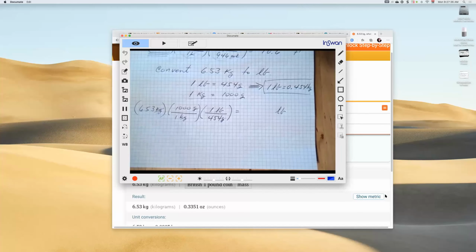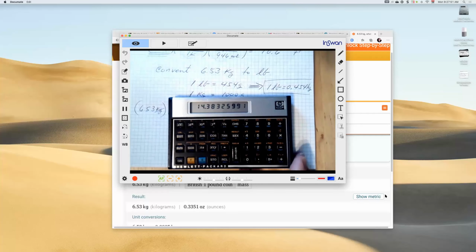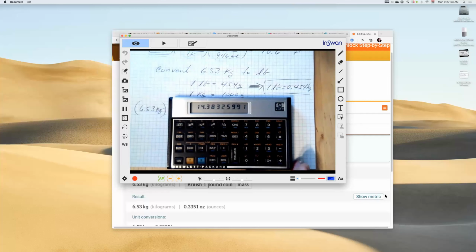Please always follow along with your calculator. It's important that you do that. I mean, this is where we can review whether or not you know scientific notation or how to use your own calculator. This is what I get on my calculator, 14.38. It's a slightly different number than Wolfram Alpha, as you can see. But when we round off, we end up with the same answer.